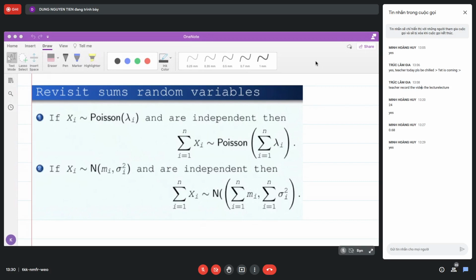If xi follows a normal distribution with the mean mu i and the variance sigma i squared, and again, if we assume that they are independent, then we can also prove that the sum of xi is a normal random variable, and you can find the mean, which is the sum of the means, and the variance is the sum of the variance values, sigma i squared. Is that all clear, everybody? I hope that you understand that. This is just what we just learned.